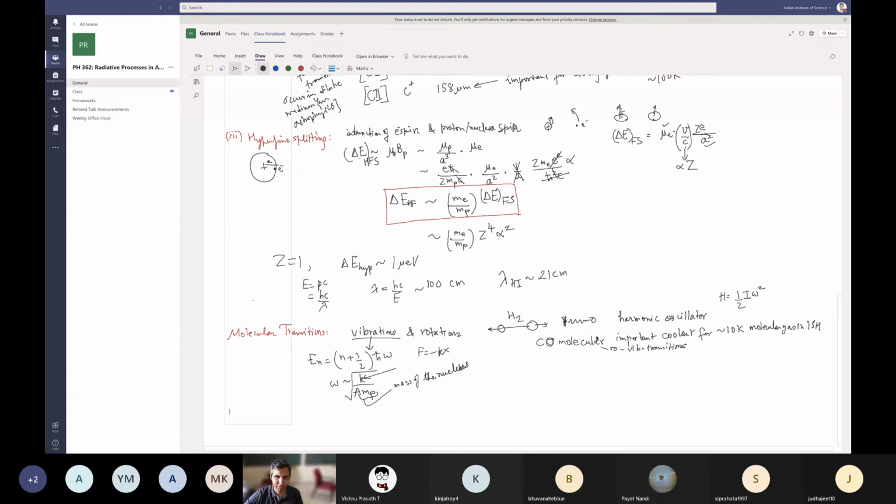So this is the kinetic energy. Here we have potential energy, which is half kx squared. This is the mass of the nucleus. So how do we estimate this k for these molecules vibrating?